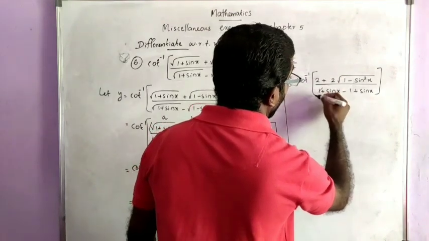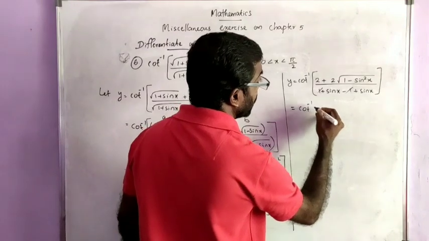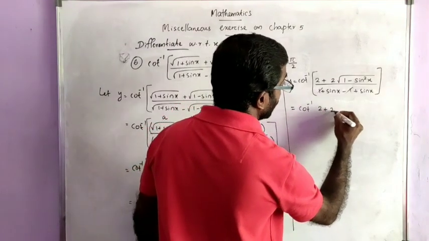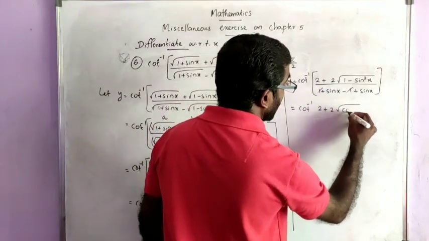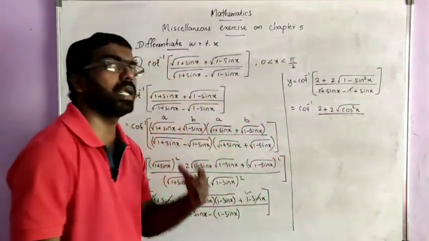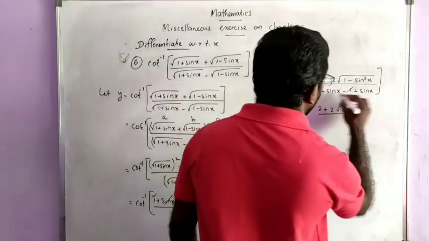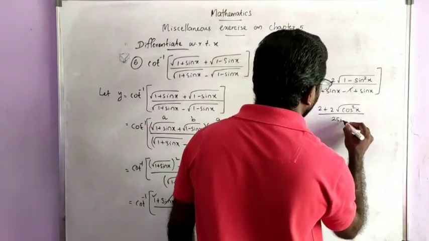So this 1 and minus 1 we can cancel, which is equal to cot inverse of 2 plus 2 into root of 1 minus sin square x, which is cos square x. You have the trigonometric identity 1 minus sin square x is equal to cos square x, and sin x plus sin x is 2 sin x.